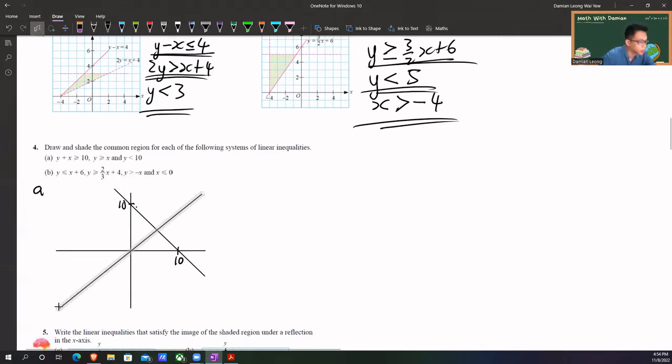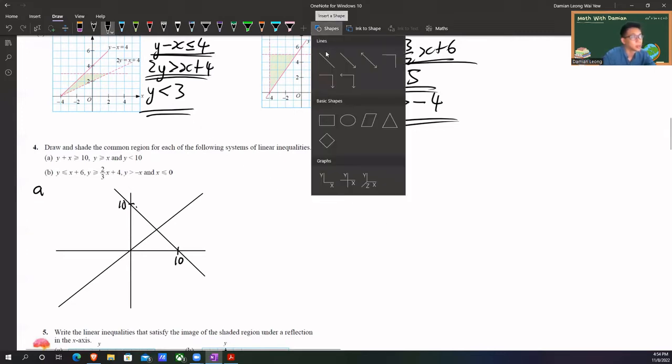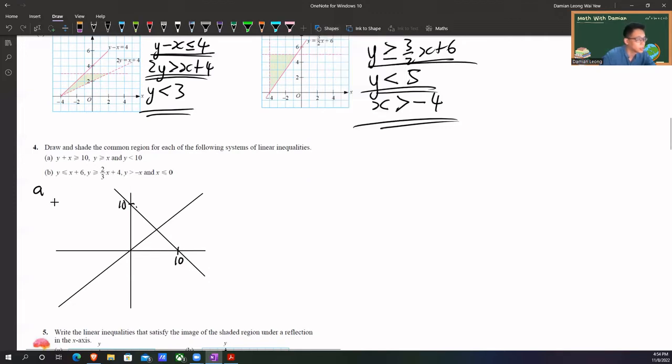Okay, it's just a 45 degrees diagonal line. Then y less than 10 will be a horizontal line. But this horizontal line, one thing is it cannot be a solid line like this because there's no equal. Okay, it will be at y value of 10, but it's not a solid line. It needs to be a dotted line.